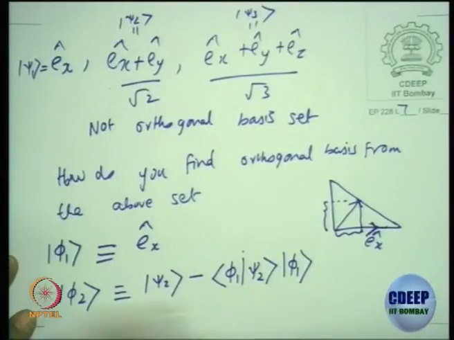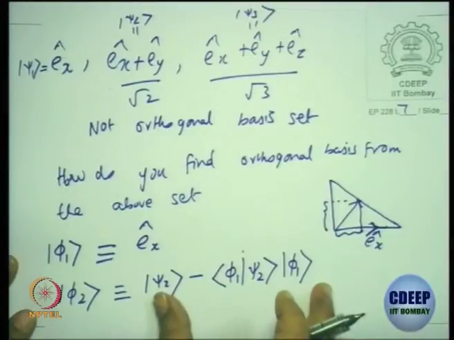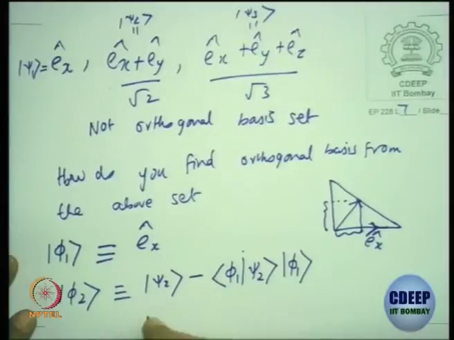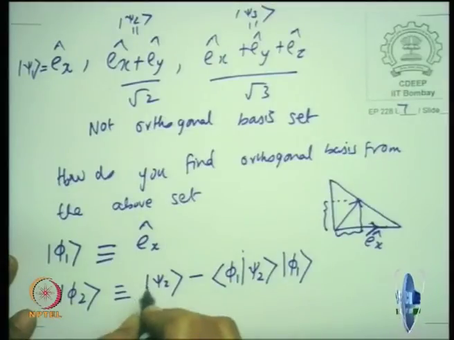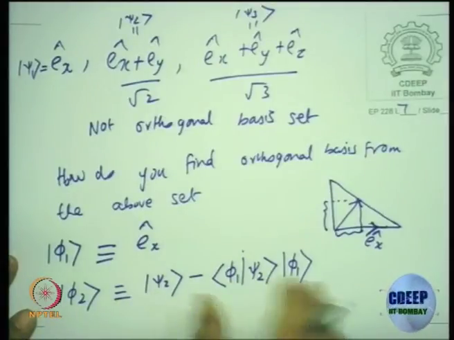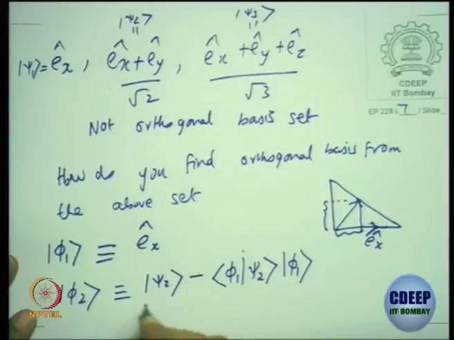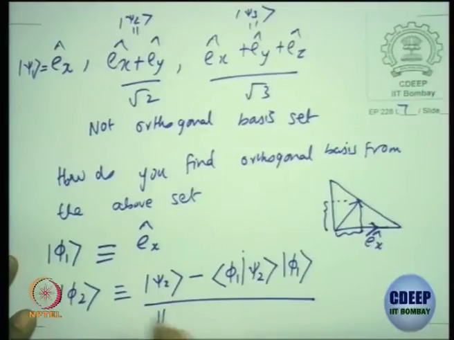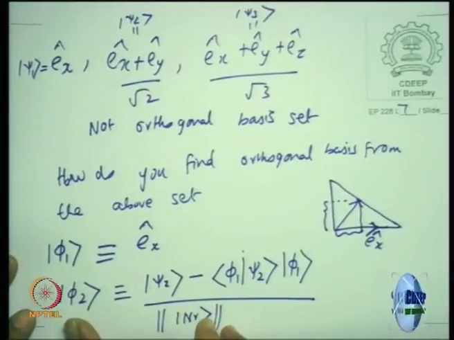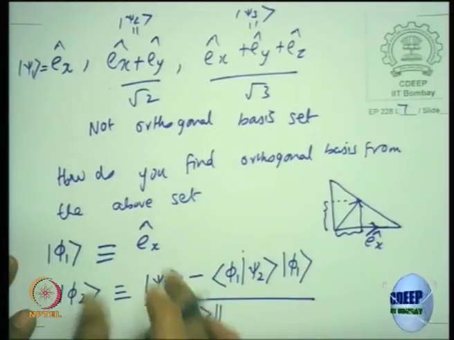Will this be normalized? May not be. Whatever is the numerator, I have to take the norm of it to make it a unit vector, right? So whatever you find here, divide it by the norm of the numerator state. Not writing it, but you understand what I mean, right? Everybody understands? Let's do this for this case.